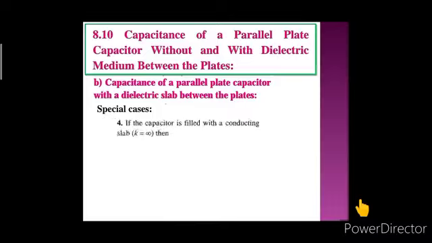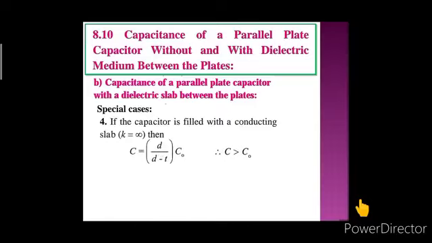Now the last case over here, if the capacitor is filled with a conducting slab, K is equal to infinity. Here we are taking the value of the dielectric constant K as infinity. Then the value of the capacitance would become d upon d minus t into C0, as the value C we are taking as K into C0, and C is greater than C0.